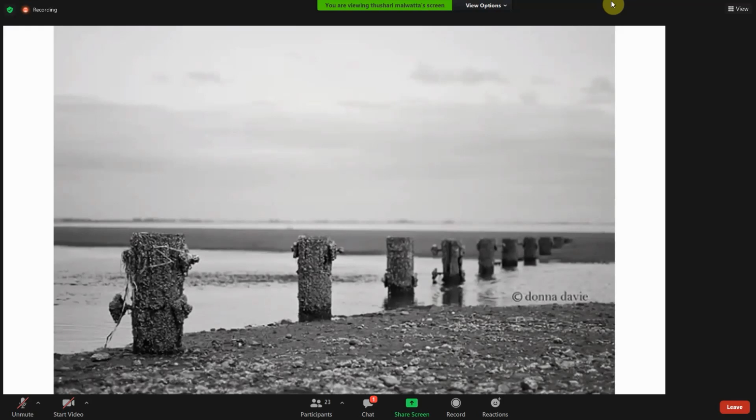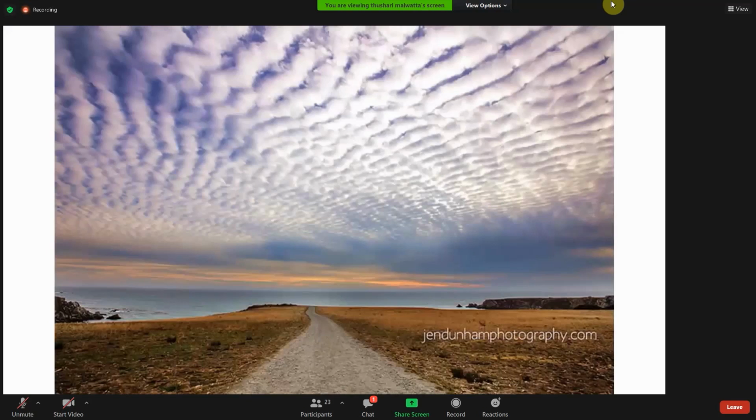Parallel intervals of those. And this visual rhythm of the sky goes from left to right. You get that?